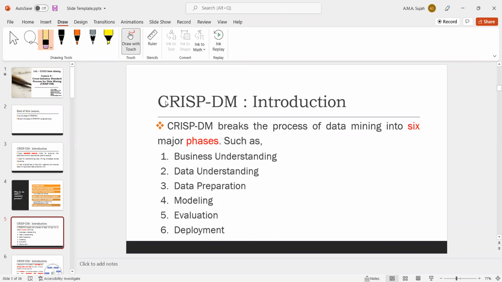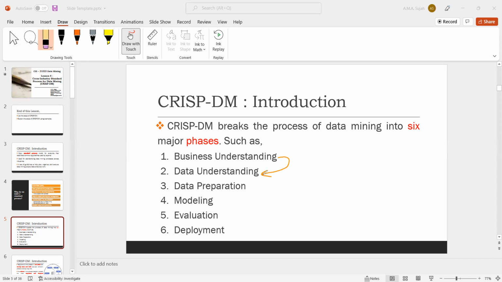Data understanding means that before we implement data mining, based on the business understanding, we need some data. Let's say you are planning to implement a data mining task for credit card transactions. What type of data do you need?